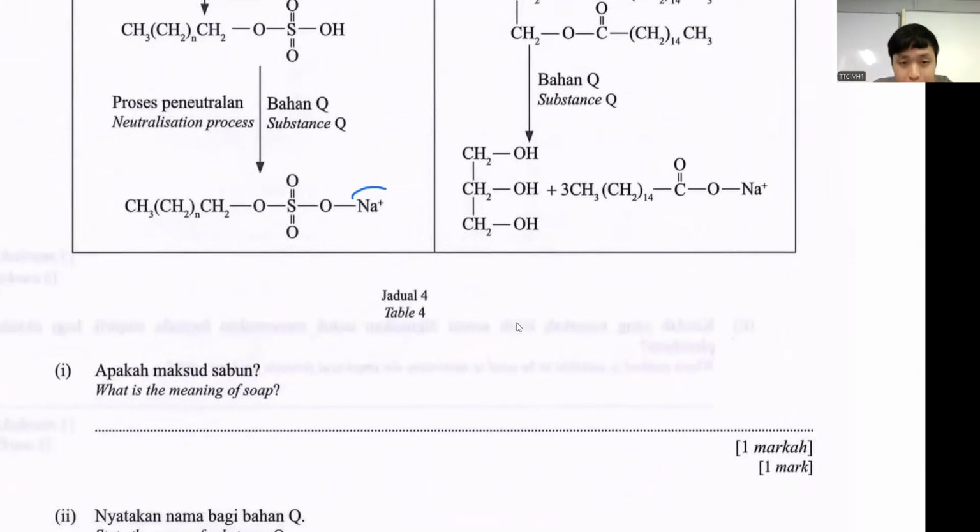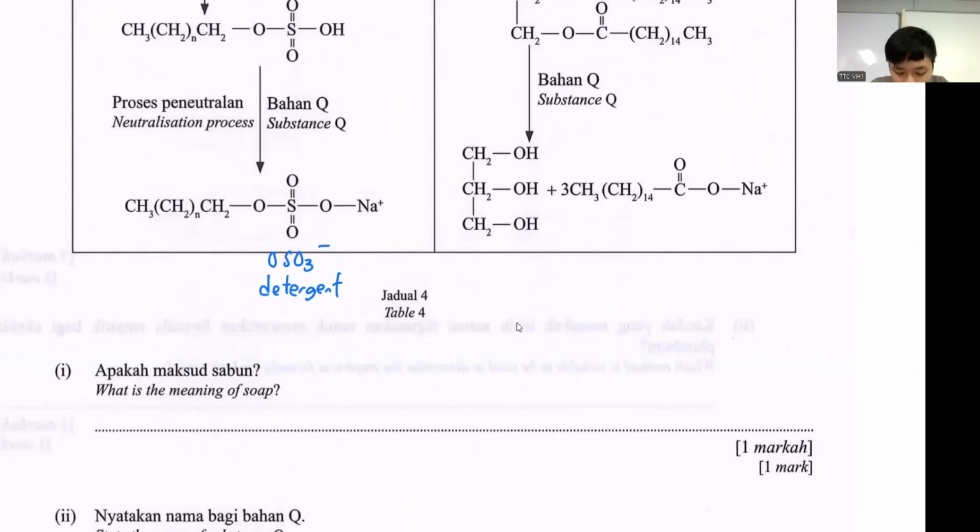The similarity is both got sodium ion. But the difference is for detergent, normally you got OSO3 negative. So OSO3 means this first one is detergent.